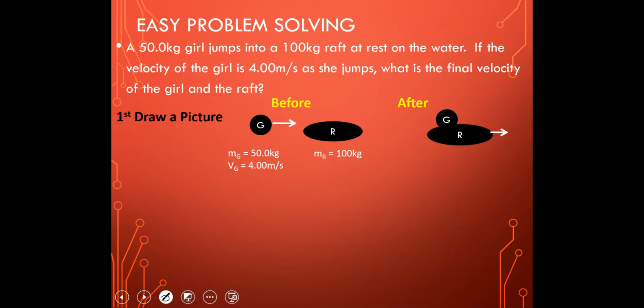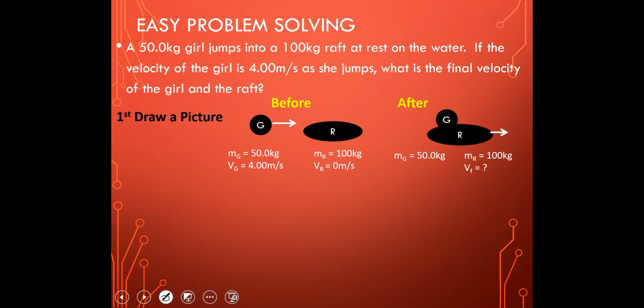The mass of the raft is 100 kilograms and its velocity is 0. This is the given. After collision, the masses didn't change, 50 and 100, but the final velocity of the girl and the raft, now stuck together, is changing. Are they moving with the same velocity as the girl? No, the velocity will change.